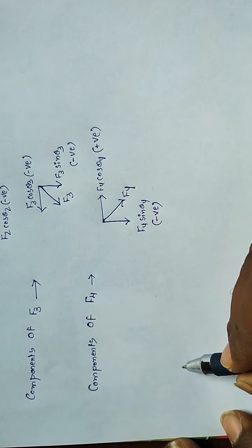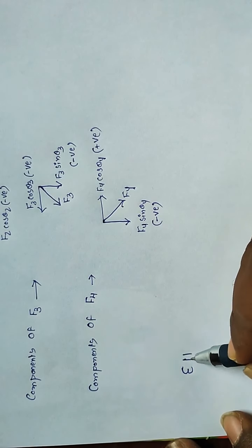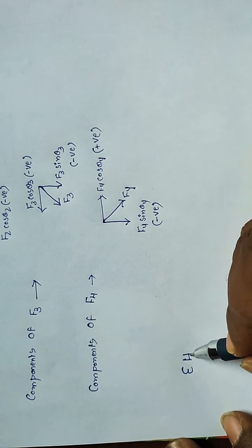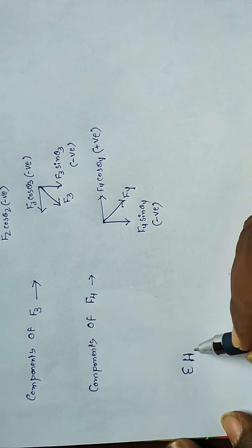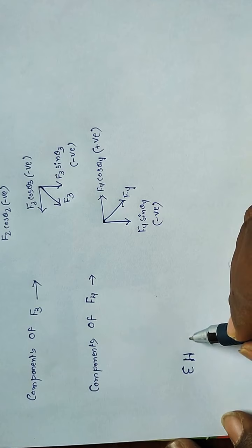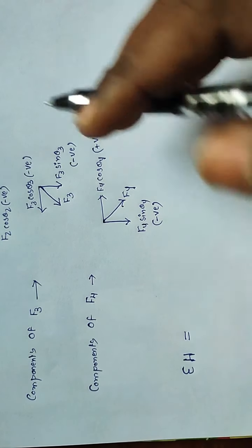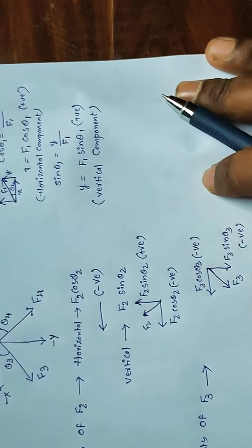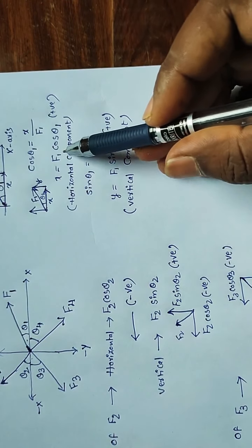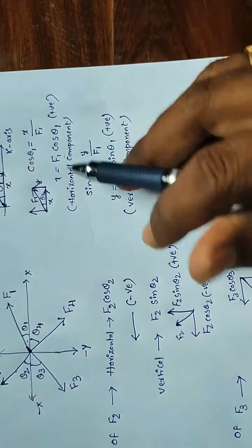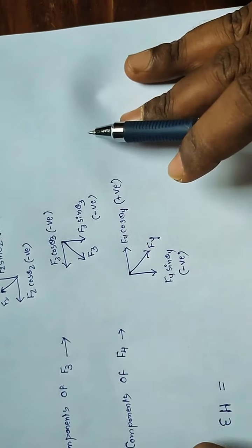So the summation of all horizontal components, that means sigma H, is the algebraic sum of all the horizontal components. For force F1 we have the horizontal component F1 cos theta 1, which is a positive value.